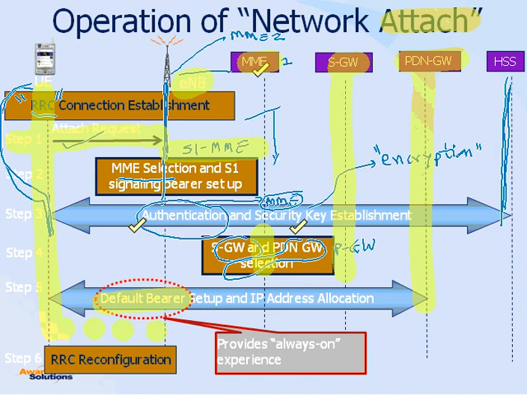So this is our end-to-end default bearer. And the reason that we are establishing this default bearer is we want to give the user always on experience, always on. So the user feels connected to the network all the time.